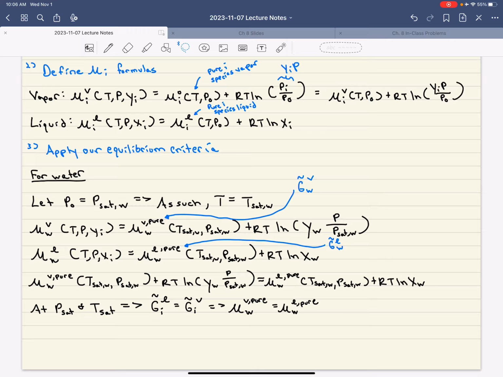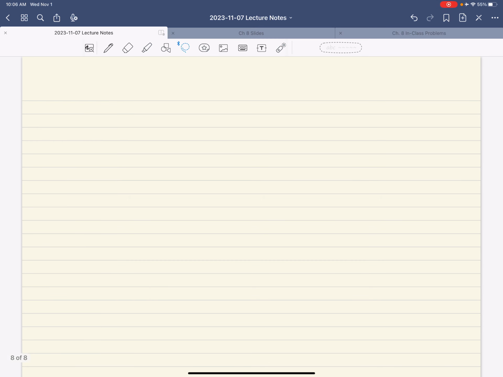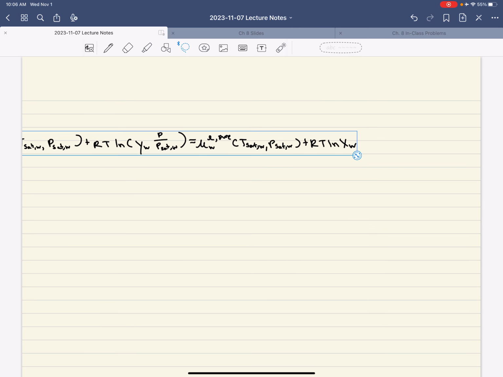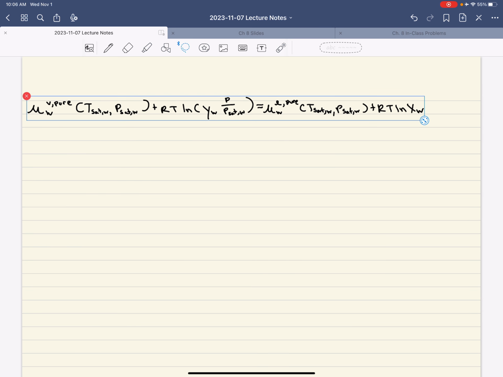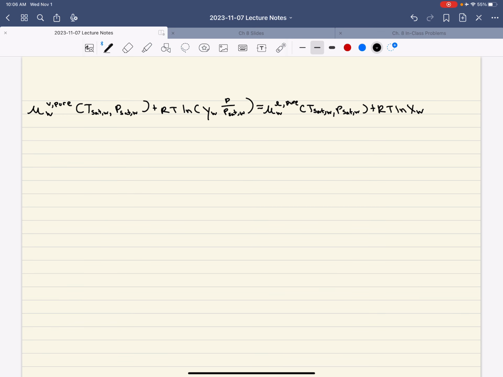And so, if we take this equation, and I'm just going to copy it to a new page, because this and this are equal and they're on both sides, we can cancel them out. We also have RT on both sides. Those cancel.